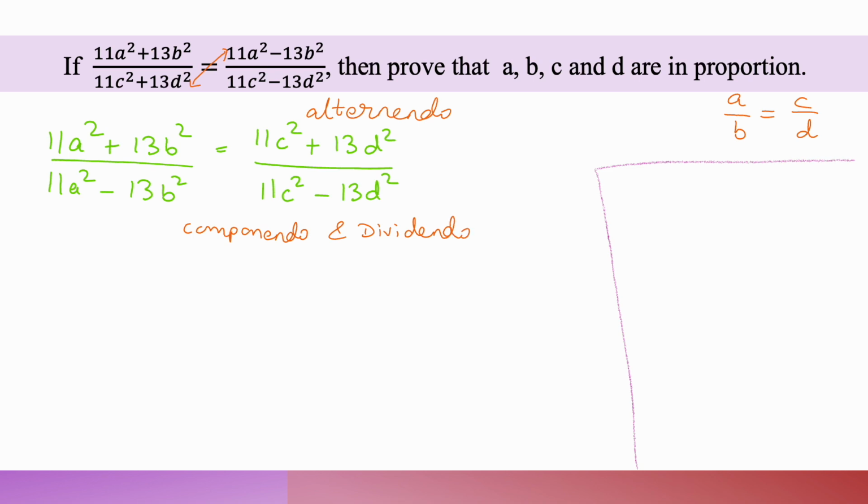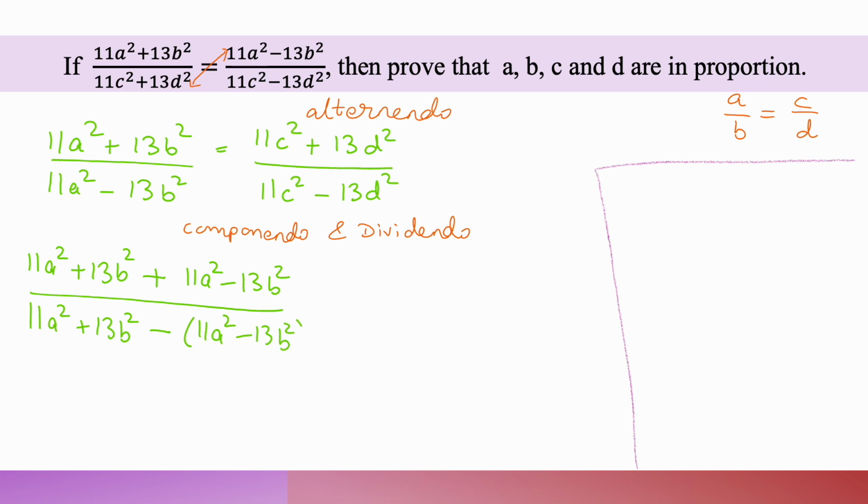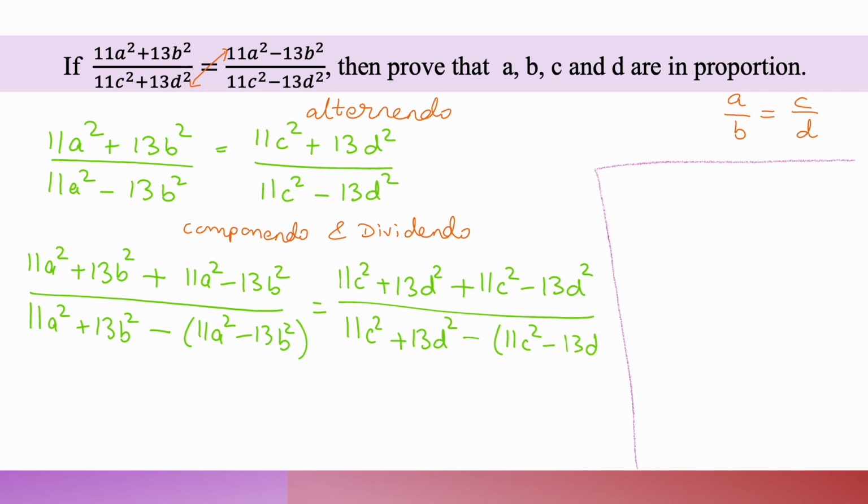If we apply Componendo and Dividendo again, what we get is (11a square plus 13b square plus 11a square minus 13b square) upon (11a square plus 13b square minus 11a square minus 13b square) on the left hand side, and similarly on the right hand side we get (11c square plus 13d square plus 11c square minus 13d square) upon (11c square plus 13d square minus 11c square minus 13d square).